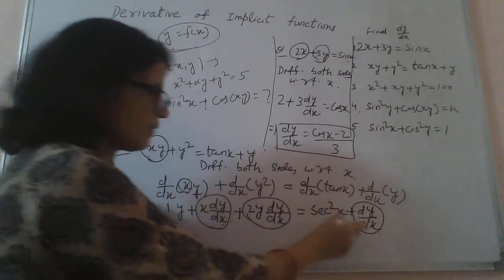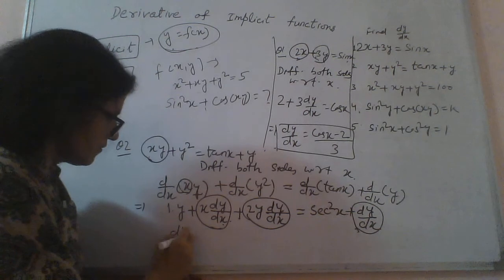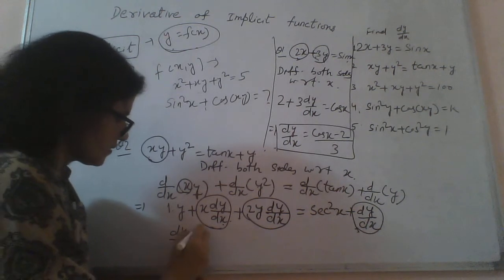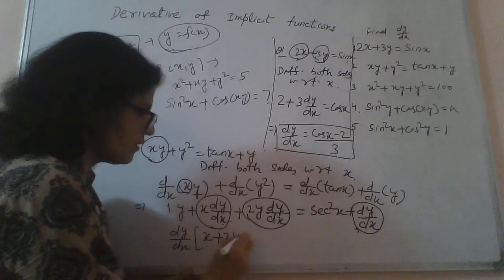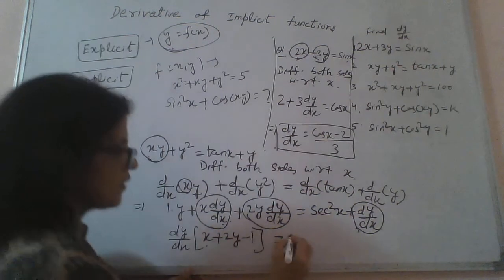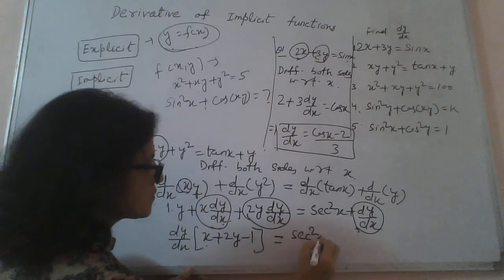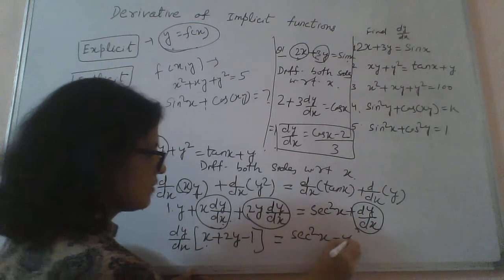Here it is dy by dx. So it means dy by dx into x plus 2y minus 1 is equal to sec square x minus y.